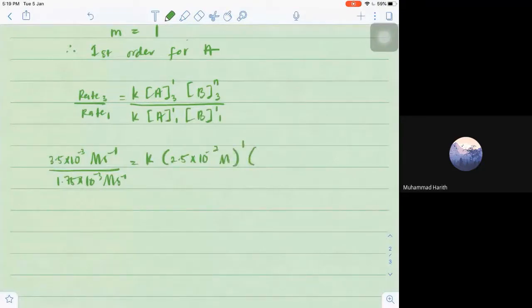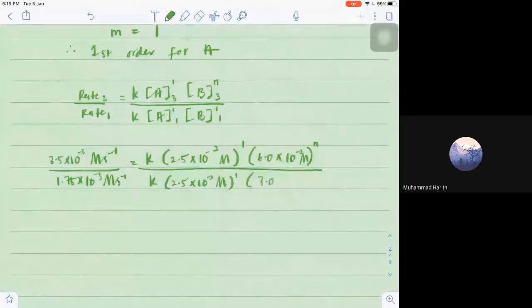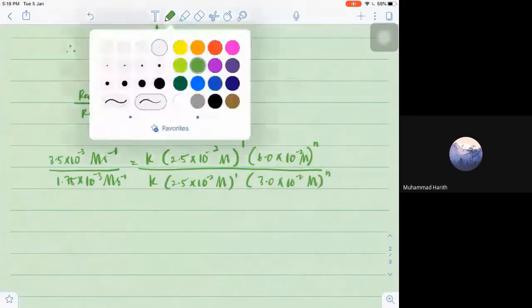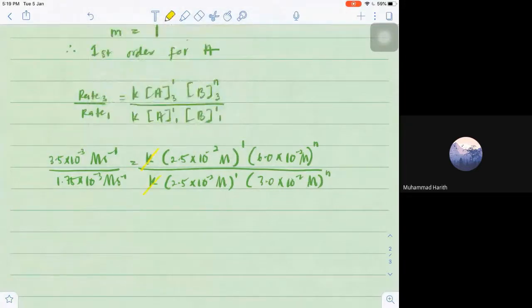Concentration of B is 6.0 exponent negative 2 molar power of N, over K, concentration of A in experiment 1 is 2.5 exponent negative 2 molar power of 1, and then concentration of B is 3.0 exponent negative 2 molar power of N. Now we can cancel K, the rate constant, and 2.5 exponent negative 2 power of 1 because they have the same value, unit with unit.